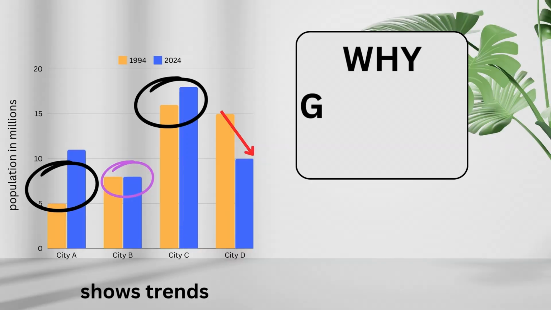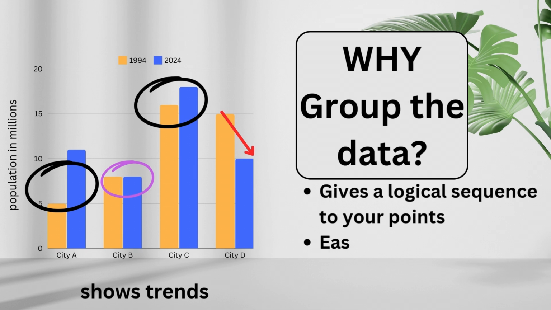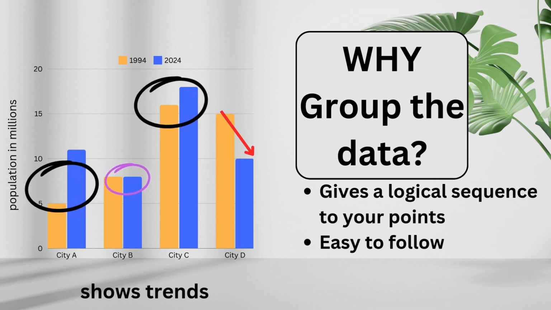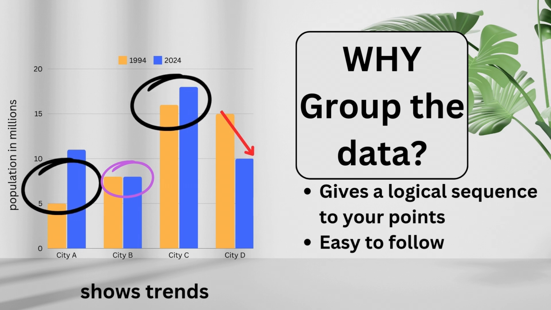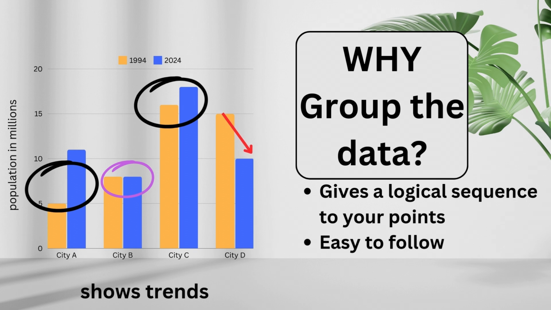Now, you might ask, why is it important to group the data? The reason behind this is that it will help you to answer your question in a logical manner, because in this case, you will present the data of city A and city C together, and then you can describe the data of city B and D. So in one go, you are talking about things which have increased, and then you are talking about things which have decreased and things which have remained unchanged.